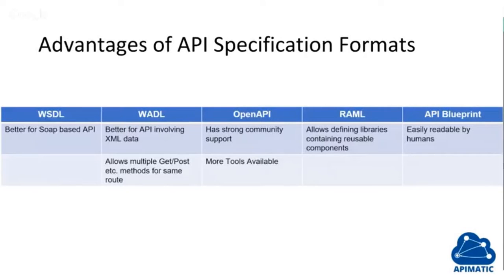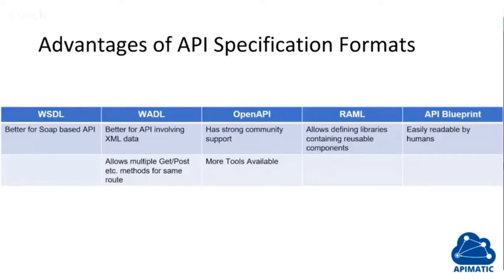If you want a more enterprise-level format, which is supported by big organizations, such as RAML, which is supported by MuleSoft, then RAML might be your choice. Or if you want to write your API specification in XML, then you might want to go with WSDL.